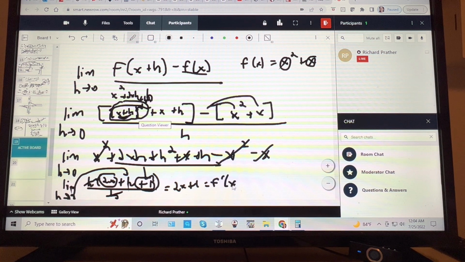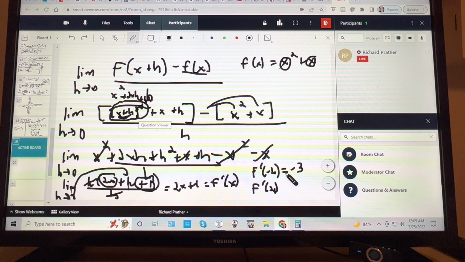In general, f prime of x is 2x plus 1. So whether I want to do f prime of -2, or even I could do f prime of 2, it's not going to help in this problem, but I could know it if I want to. 2 times -2 is -4, plus 1 is -3. So the slope of the tangent line at -2 is exactly -3.